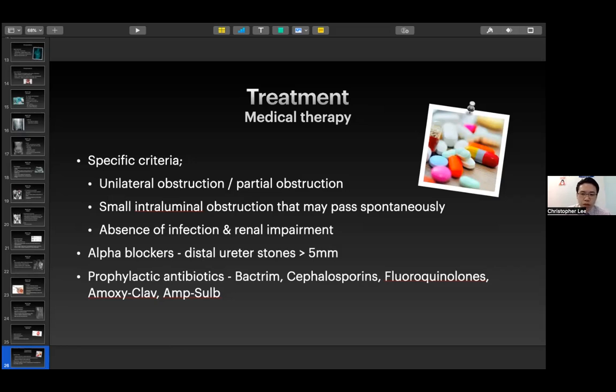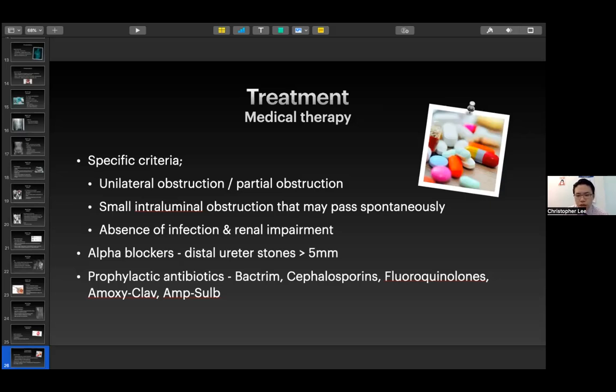So the medications that we're talking about are alpha blockers, for example, tamsulosin, alfuzosin, doxazosin, and terazosin. And this is indicated in distal ureter stones, which are more than 5 millimeters and certainly less than 1 centimeter. Why more than 5?